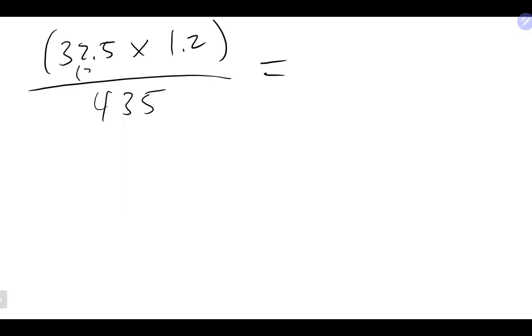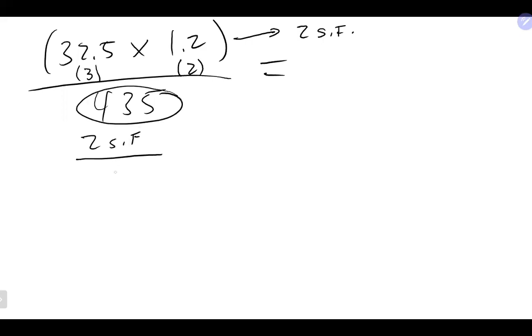This has 3 significant figures, this has 2 significant figures, which means when we are done with the top part, we should have an answer with 2 significant figures. We then would be taking a number with 2 significant figures and dividing it by a number that has 3 significant figures, which means my answer at the end should have 2 significant figures.